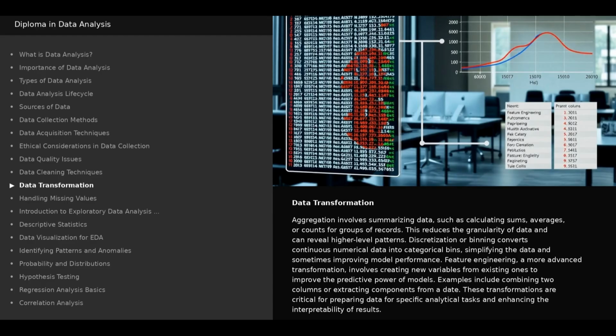Feature engineering, a more advanced transformation, involves creating new variables from existing ones to improve the predictive power of models. Examples include combining two columns or extracting components from a date. These transformations are critical for preparing data for specific analytical tasks and enhancing the interpretability of results.